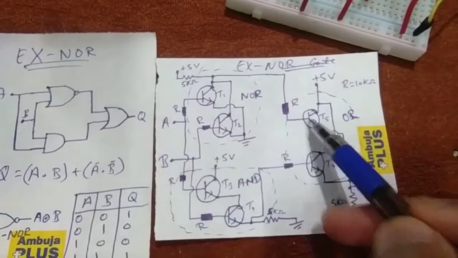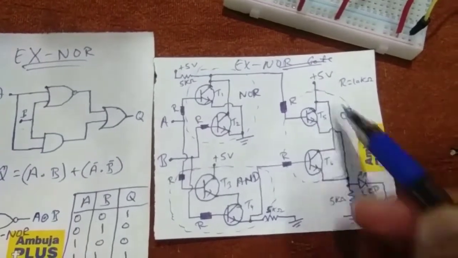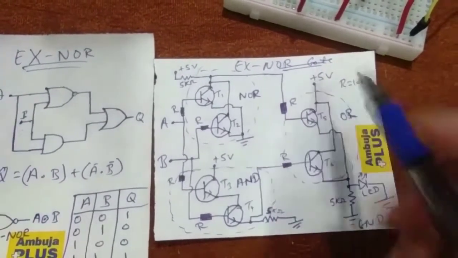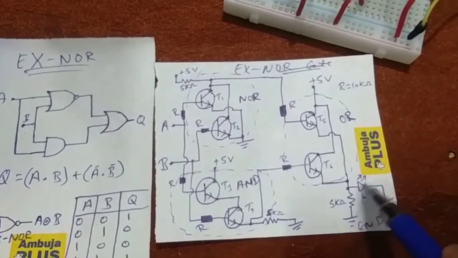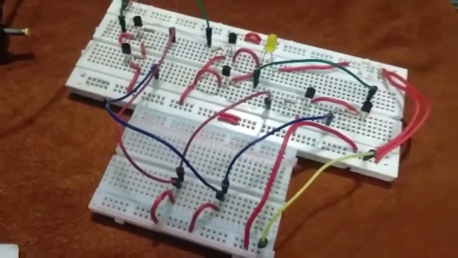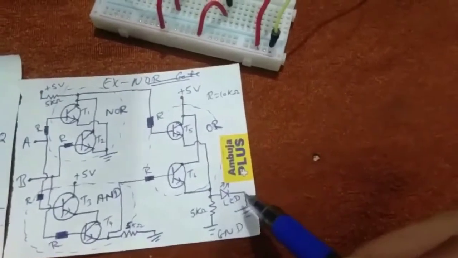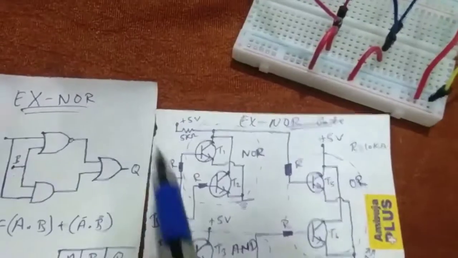T5 and T6 are connected in parallel to each other, making an OR gate connection, with an output connected to this LED. Here on the breadboard you can also see we have an LED. We will represent the output on this LED, which is this Q.